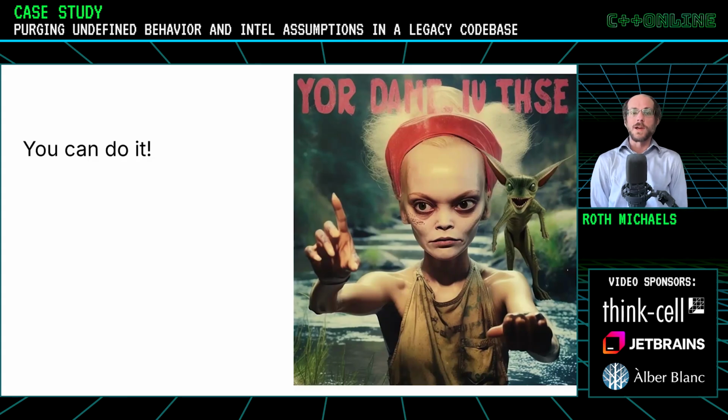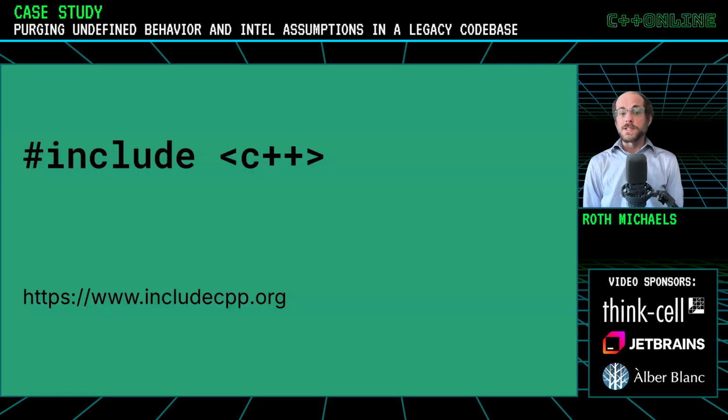I'm sure all of you have had some interesting story or experience at your work or hobby programming that would be interesting to share. The more different voices we have sharing in the conference community, the better. You can start off by applying to give a talk or even just a lightning talk at some conference. If you're concerned about how to prepare, the Include C++ Discord is a good place to go. They have a channel, I think, for discussing conference talk proposals and getting feedback. I think I might have done that once, but I'm usually such a procrastinator that I don't have a whole lot of time to ask people for feedback.